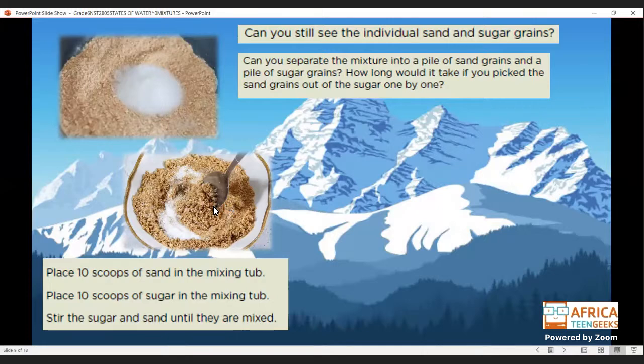Yes, you can see the sand. Yes, you can print the homework when you access it, absolutely. You can definitely see the sand more clearly than the sugar, because sand grains are bigger than sugar grains. Now, how would we separate sand and sugar?